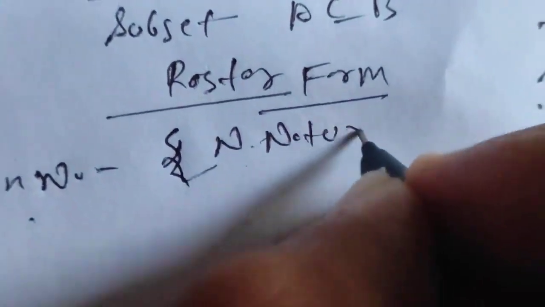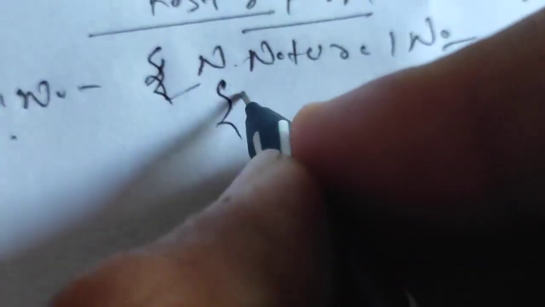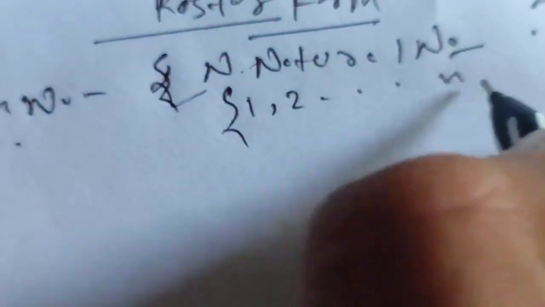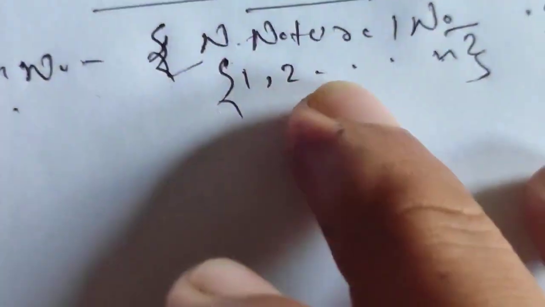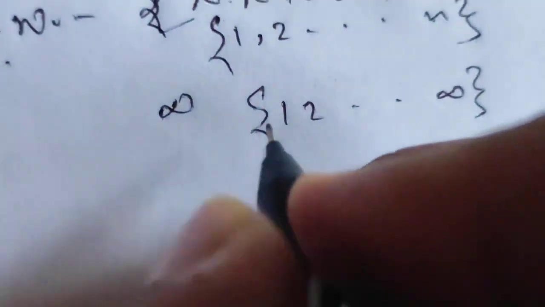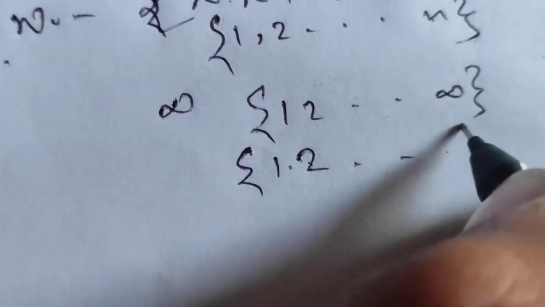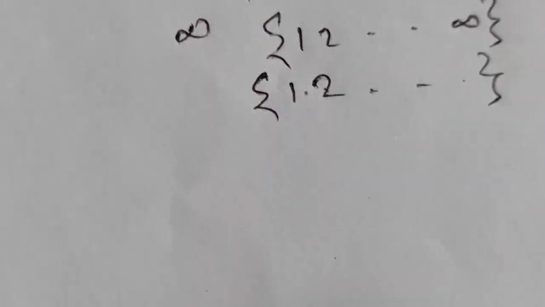When we talk about n natural numbers, we generally say 1, 2, 3, dots, and so on up to n. Or if we have infinity, we say 1, 2, up to infinity. This is again an example of using this.